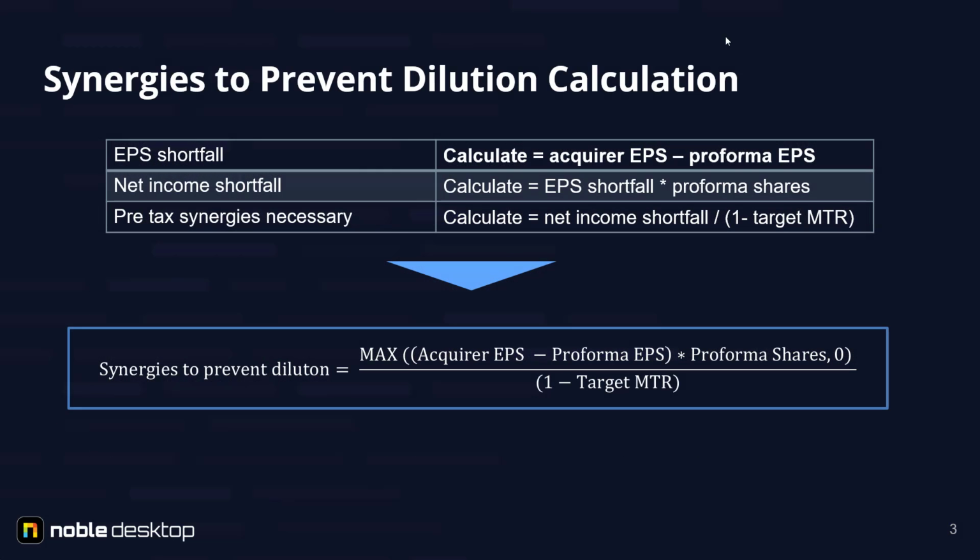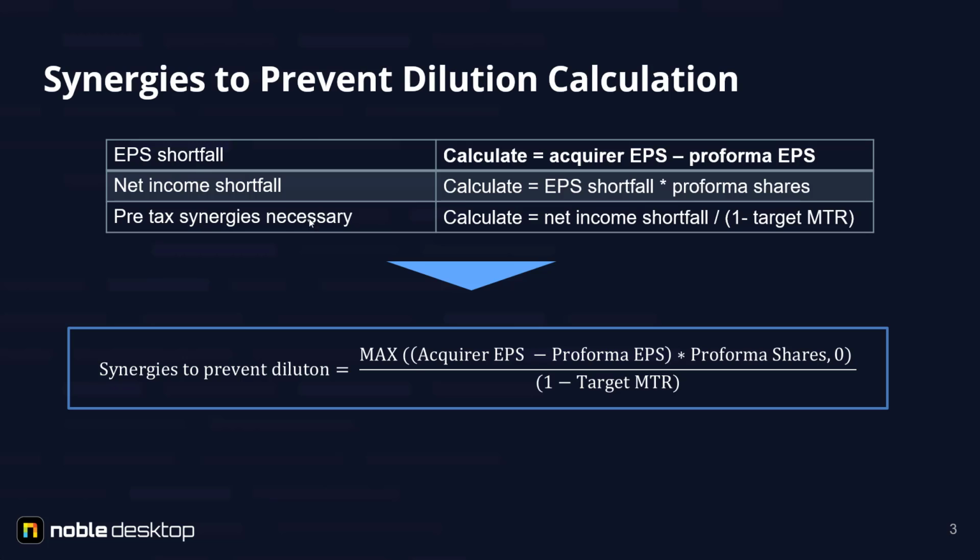Here's the synergies to prevent dilution calculation. First, you would need to calculate the earnings per share shortfall by subtracting pro forma EPS from acquired EPS. Then you need to calculate net income shortfall by multiplying EPS shortfall by pro forma shares.